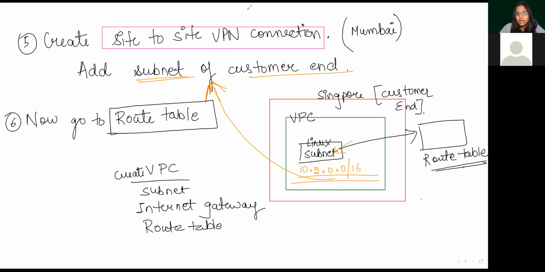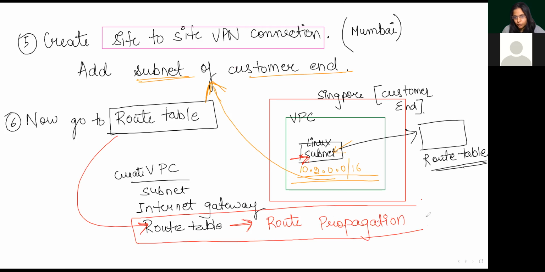Okay. Now, in the route table of this particular subnet, you have to go, and in this, there's an option of route propagation. Now, which route table am I talking about right now? I am talking about the route table which is available in the Mumbai region.